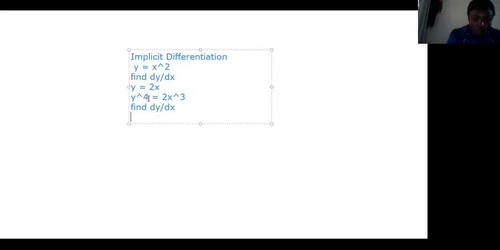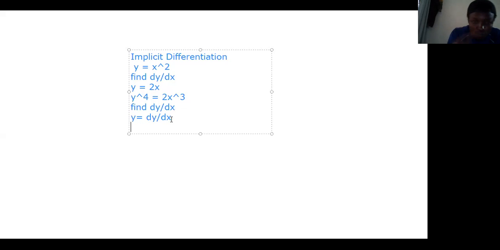Now, when we are differentiating y with respect to x, the differential of y is dy all over dx. So differentiating y with respect to x is dy all over dx, and dx is down because there's no x in this thing. As a result, we are going to get dy all over dx, implying that we are differentiating y with respect to x.